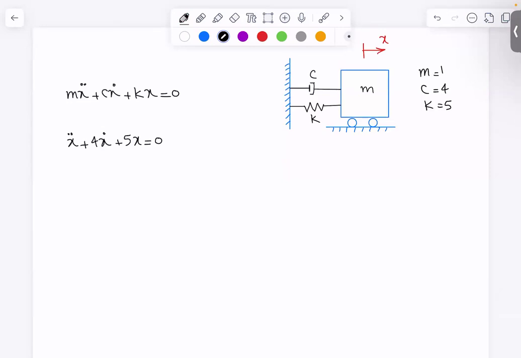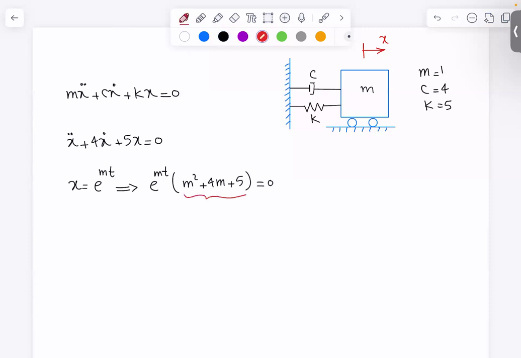Okay, so we know to solve this equation, we're assuming a solution that's exponential, something like e to the mt. We plug that in the equation and we get the auxiliary equation. We get m squared plus 4m plus 5 equals 0, right?